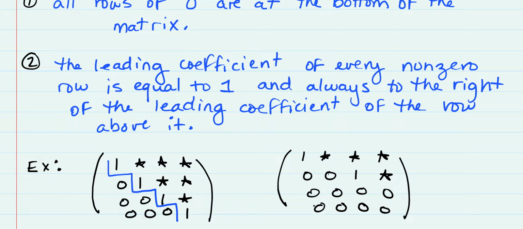I have 2 zero rows and they're below any non-zero rows. Also, the leading coefficient of the first 2 rows is a 1, which is great, and this one, in the second row, is to the right of the first one. So we get a little staircase like so.